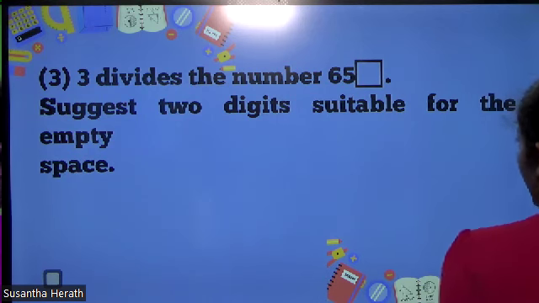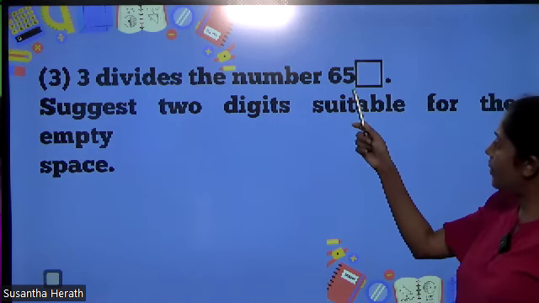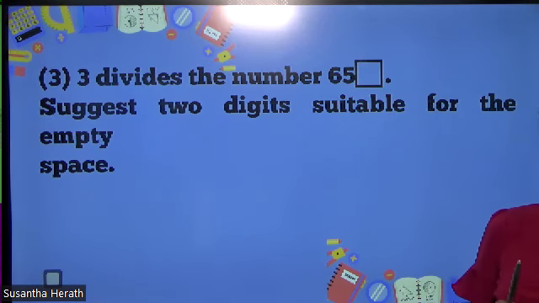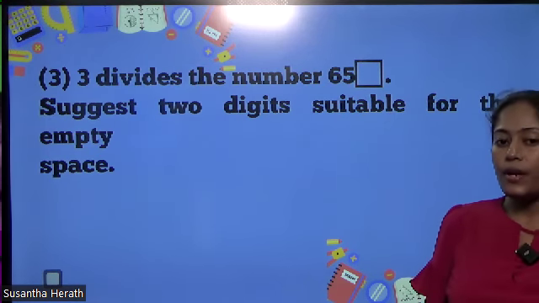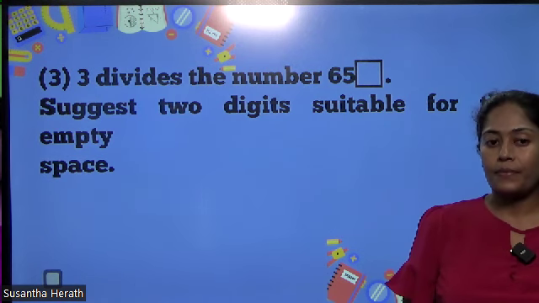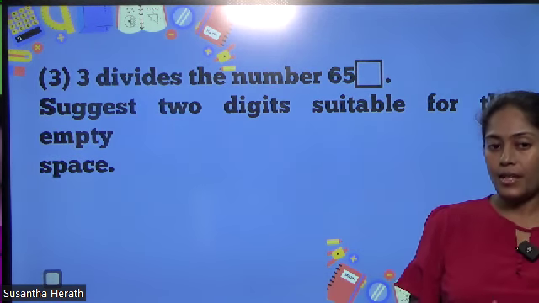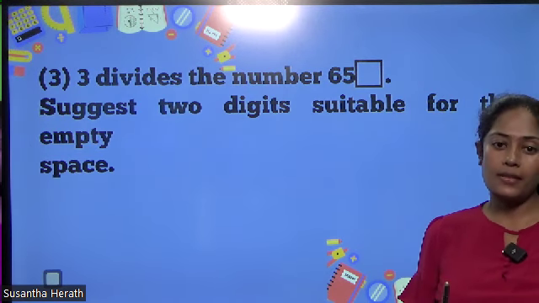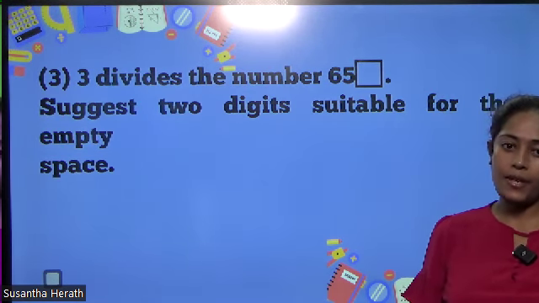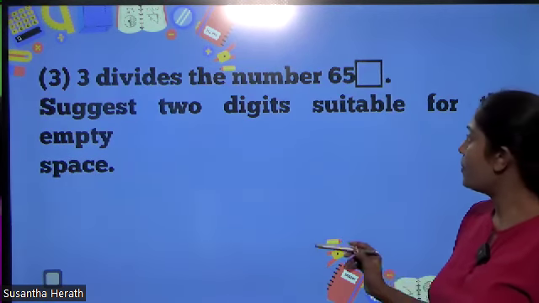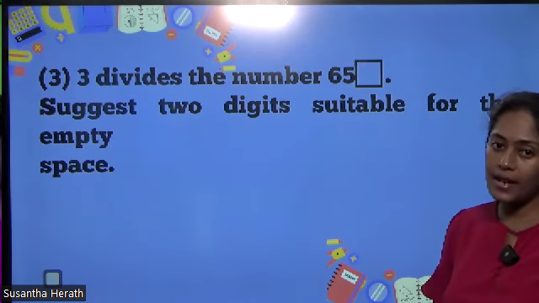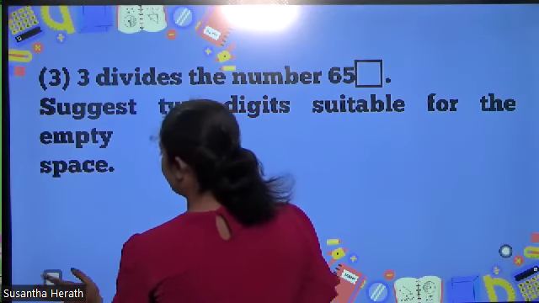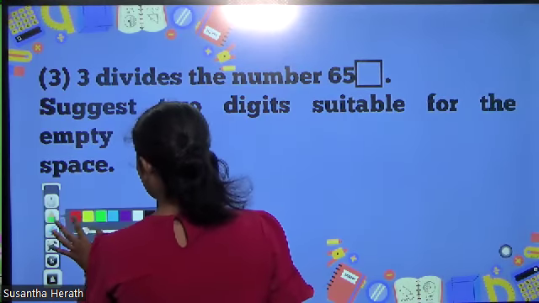Right? 3 divides the number. They have given 6 and 5. There is a blank. So, if a number is divisible by 3, what do we have to check? We have to check the digital root. That digital root should be divisible by 3 without remainder. So, here 6 and 5 is there. 6 plus 5, how much? 11.